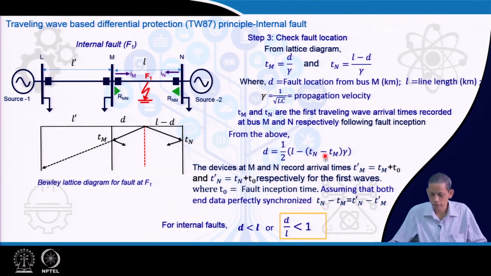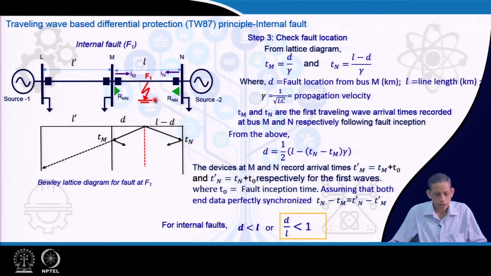So, from this relation we can obtain the recorded times at m and n end, and from there find out T n minus T m, and L and gamma are already known from the system. Therefore, d can be obtained.